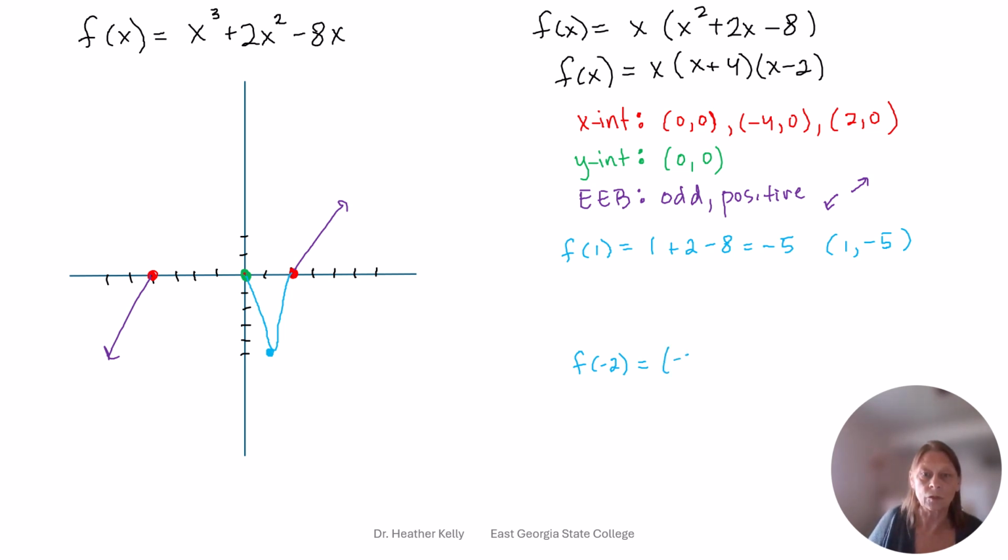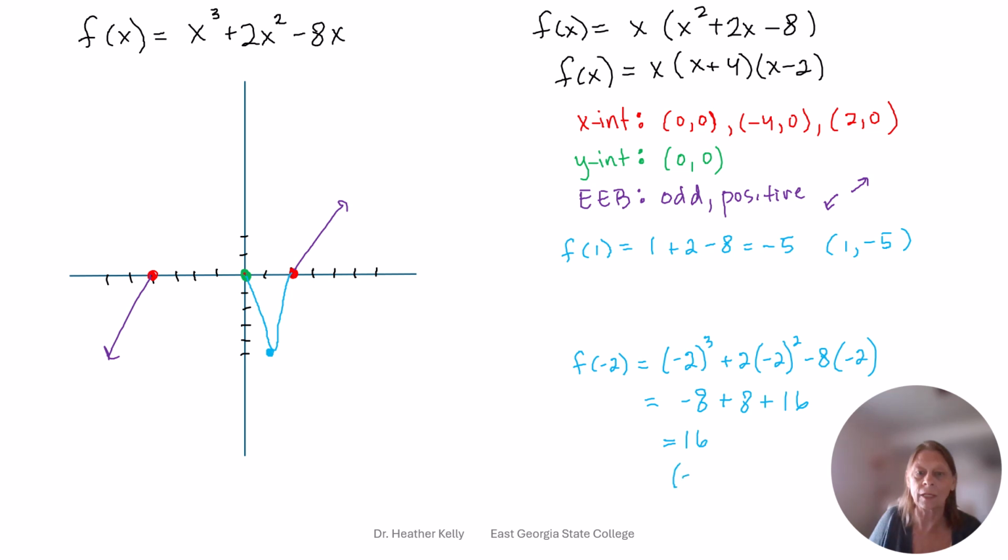I'm just going to do it this way. Negative 2 cubed plus 2 times negative 2 squared minus 8 times negative 2. Might have been easier to do it in the factored form here. Let's see, negative 8 plus 4 times 2 is 8 plus 16. Oh, those canceled out, so we got 16.